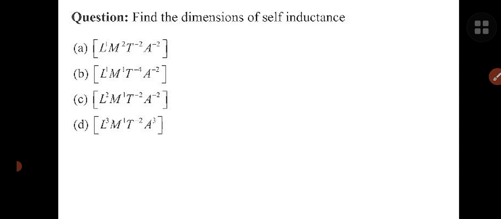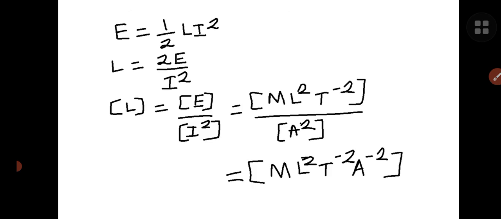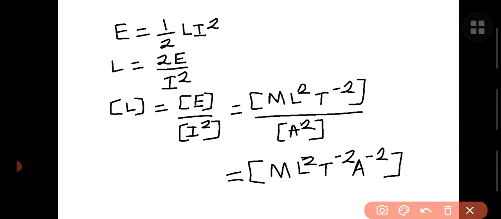Find the dimensions of self-inductance. Four options are given. Let's see how to solve this question. Energy stored in the inductor is equal to half L I square, where L is the inductance, I is the current. From this formula, we can write L equal to 2E by I square.